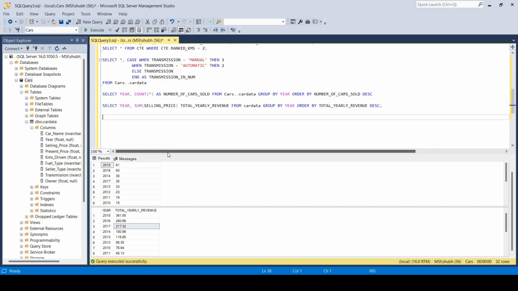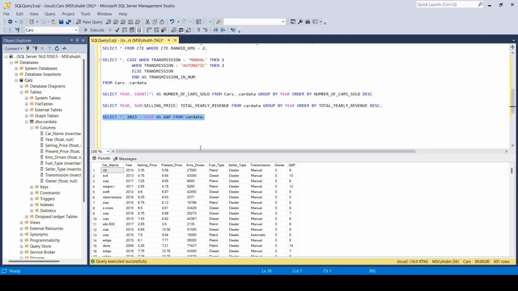We can see how many years have passed. If we want to add this into the table as a column, then we can add this column as well. So if we need more information, here we have used minus, so it will give 2023 minus this year, so 9 years old data, 10 years old data, right?